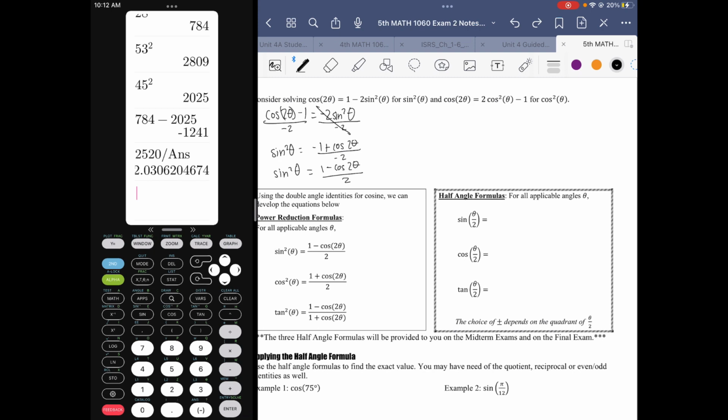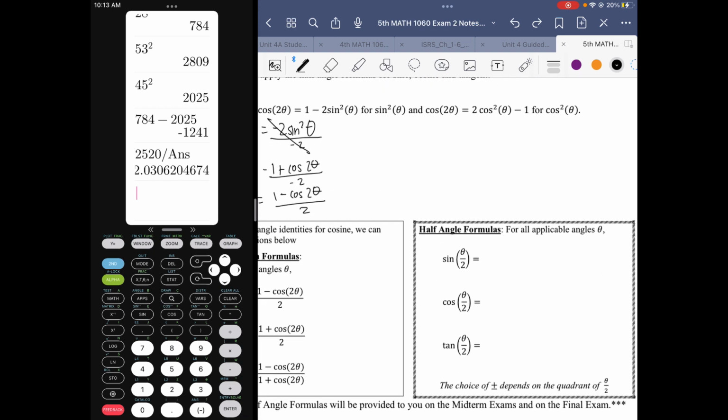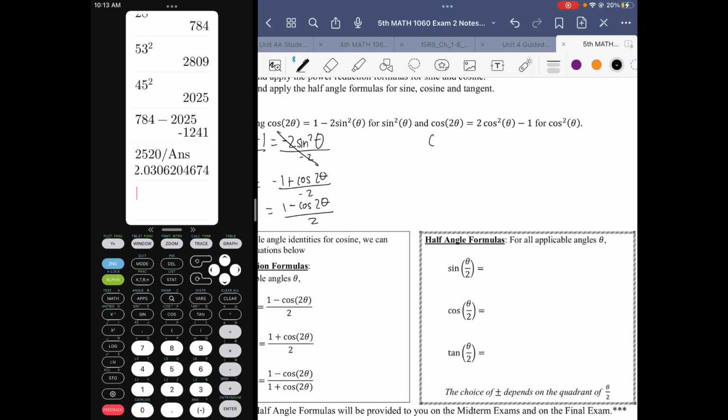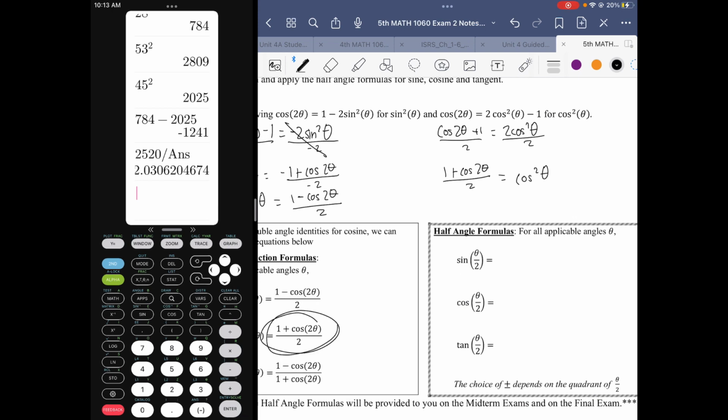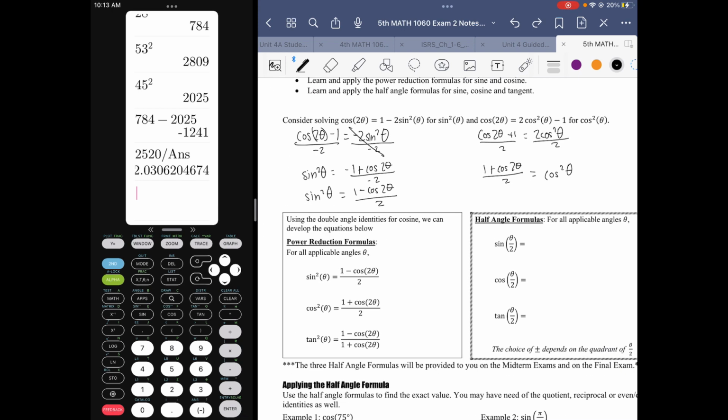Okay, and then this one, if you do it for cosine squared, something similar happens. So it's the cosine of 2 theta plus 1 equals 2 cosine squared of theta. And we end up with 1 plus cosine of 2 theta over 2 equals the cosine squared of theta. Okay, and that shows up here. And you'll notice the only difference is which one's minus and which one's plus.